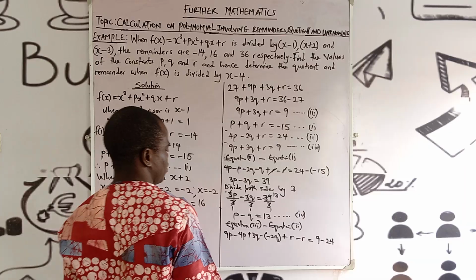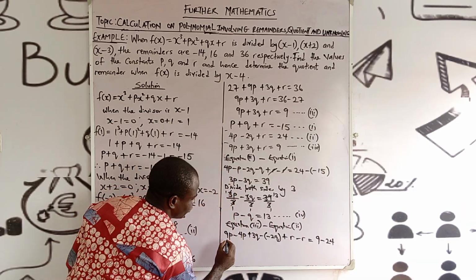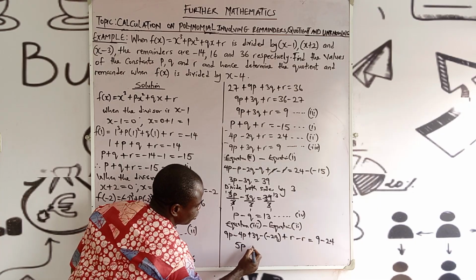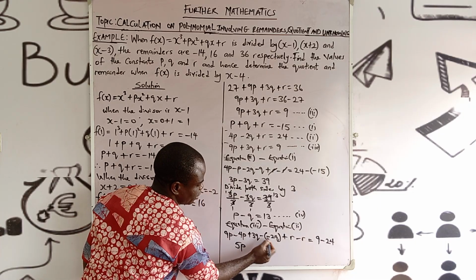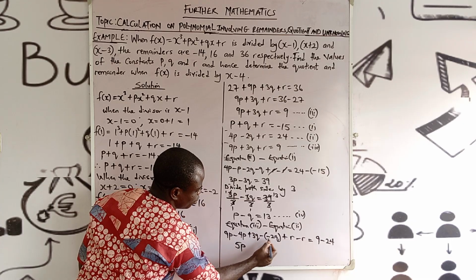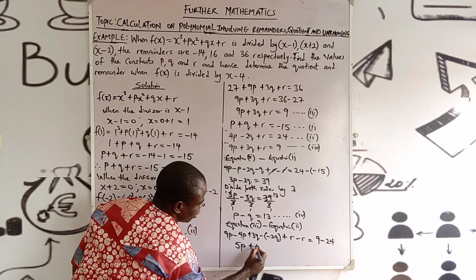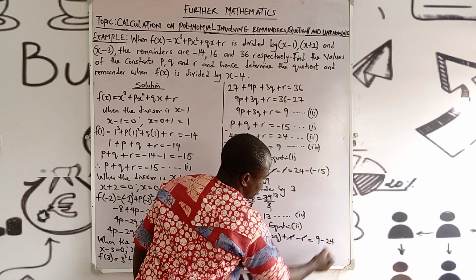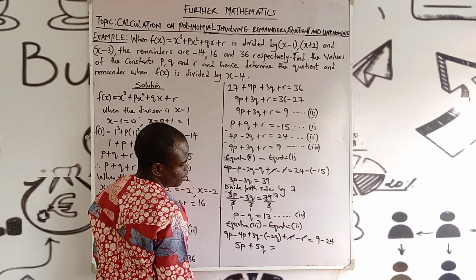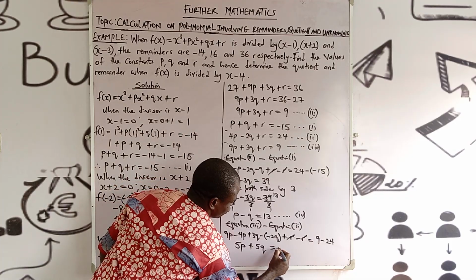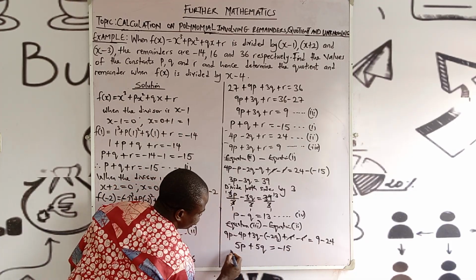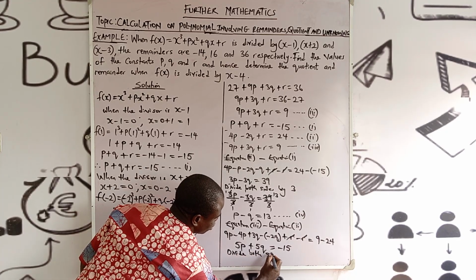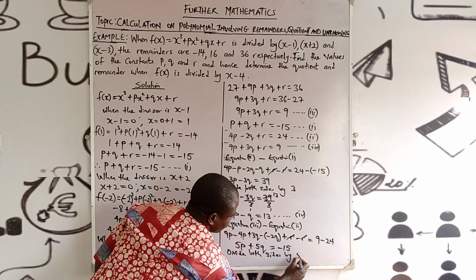Now 9p minus 4p is 5p, and 3q plus 2q is 5q. The r cancels out, and 9 minus 24 is minus 15. Divide both sides by 5.